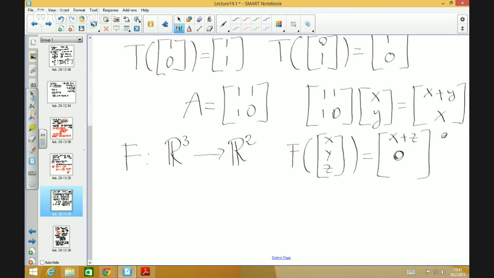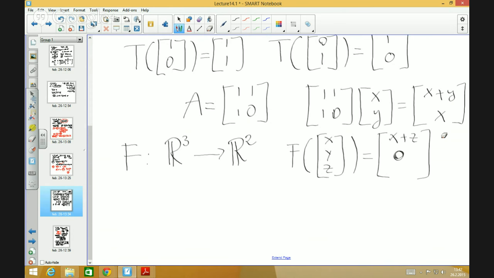So, ladies and gentlemen, what is the matrix? First of all, what should the dimension of the matrix be? Okay, so this goes from R3 to R2, so it should be 2 times 3: 2 rows and 3 columns.